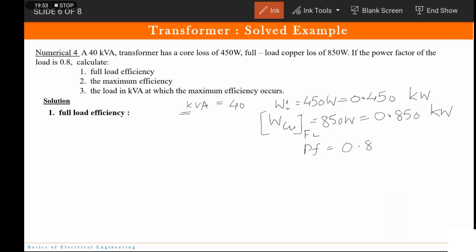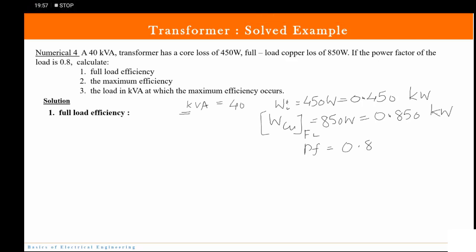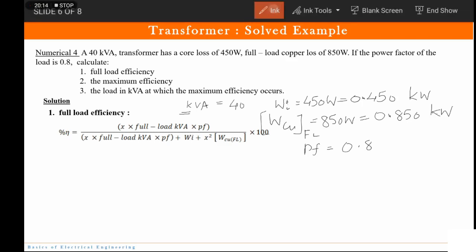Very good. Now, how do we write the full load efficiency? Do we have the equation for that? Yes, we have the equation for that, and the equation is this. Now let us see what all values we require for this. Full load kVA, yes, we have. Power factor, we have.